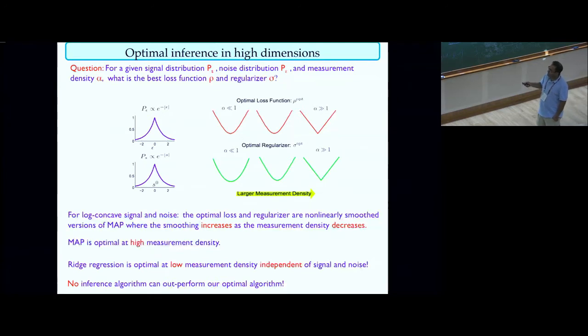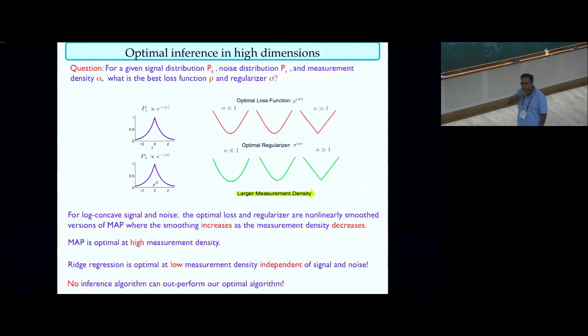Okay? But as you decrease the measurement density, it turns out that the optimal thing to do is a particular nonlinear smoothing of the loss and the regularizer, such that when you get to very, very small measurement densities, the nonlinear smoothing yields a quadratic function independent of the signal and noise distribution, as long as the signal and noise distribution are log concave.